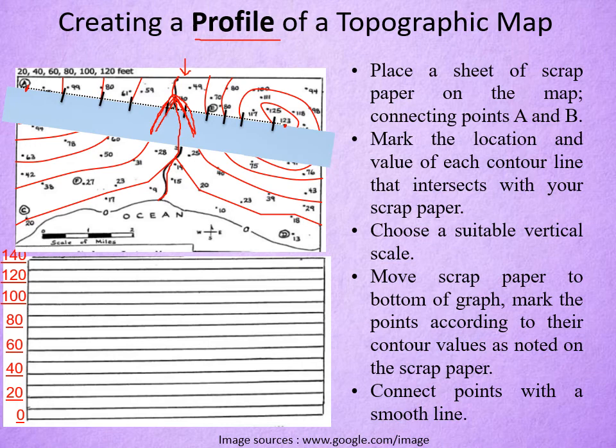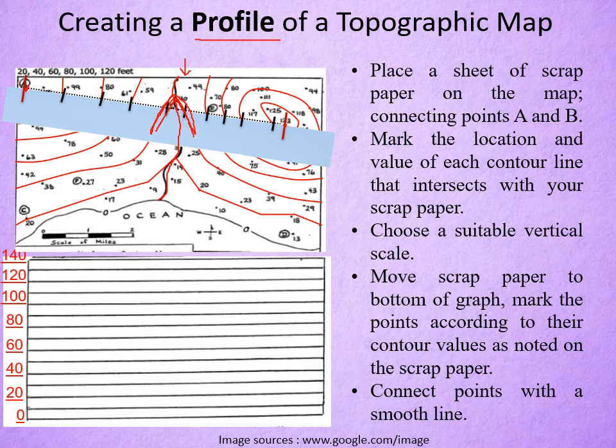Also, we have to note the points starting from which up to which we are trying to do the profile section, so these A and B points are also marked.